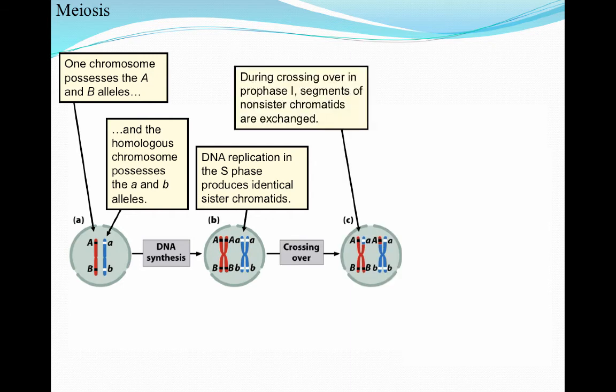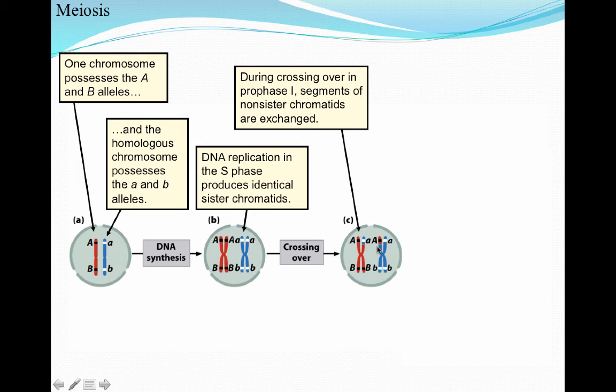All right, so then during the process of meiosis 1, we have the concept of crossing over taking place. And when crossing over takes place in prophase 1, segments of the non-sister chromatids are exchanged with one another. So normally we would have big A, but if crossing over takes place, then the big A gene and the little a gene may have switched chromosomes.